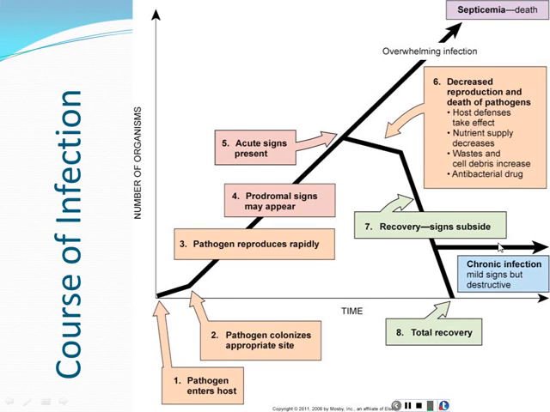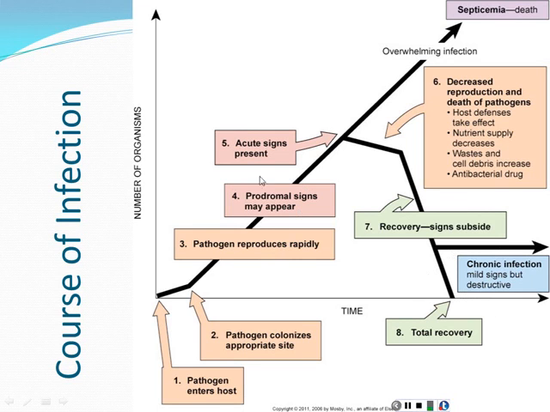The immune system can't get rid of it, but it's not getting worse either. So a chronic infection can go on even the whole rest of a patient's life. There are mild signs and symptoms, but really the destruction takes place slowly over time. Like in hepatitis, eventually that virus, even though it's not causing these kinds of symptoms like it was up here, will eventually destroy the liver.